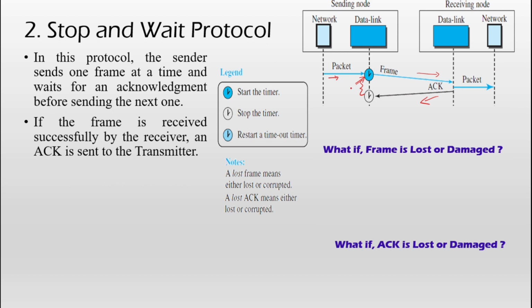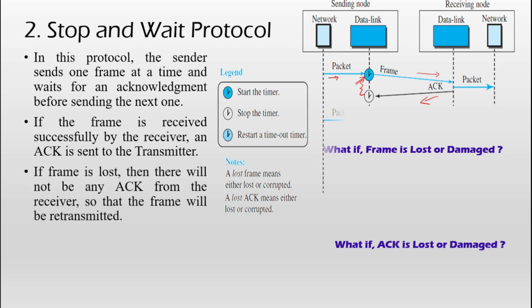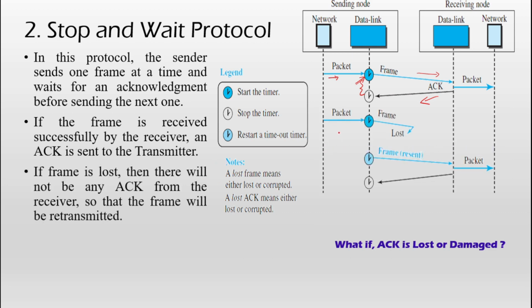Now let us see what happens if the frame is lost or damaged during the transmission. Let us assume that the packet is generated, a timer is fired, and then the frame is sent, but due to one reason or another the frame is lost somewhere in the network over here. The timer will expire here, and since the receiver did not receive any frame, there will not be any acknowledgement initiated from the receiver side.